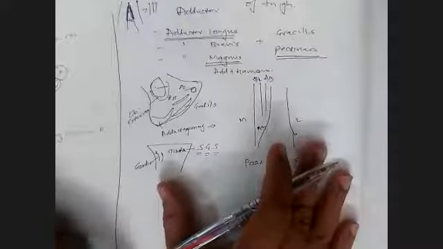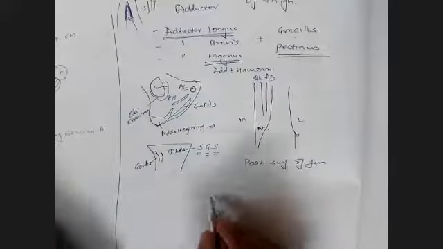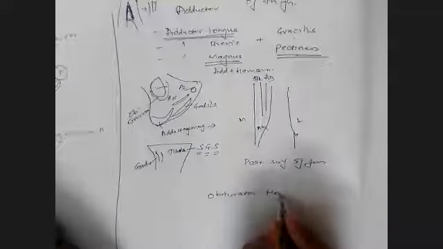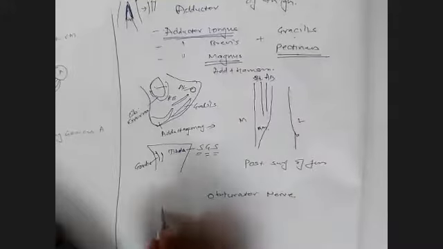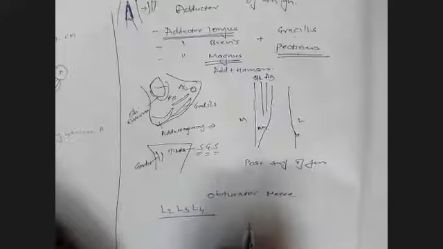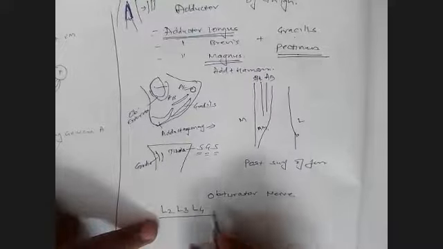These muscles are supplied by the nerve of the medial compartment, the obturator nerve. This obturator nerve has a root value of L2, L3, and L4. You may say that the femoral nerve also has the same root value, L2, L3, L4. So what is the difference?